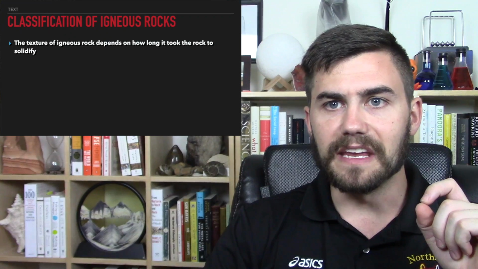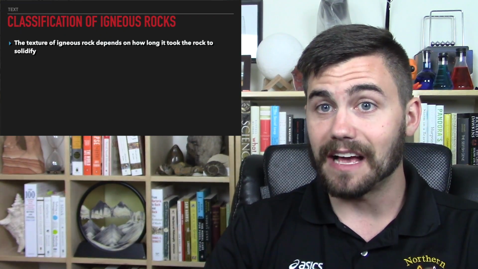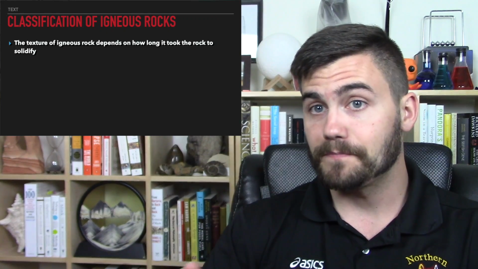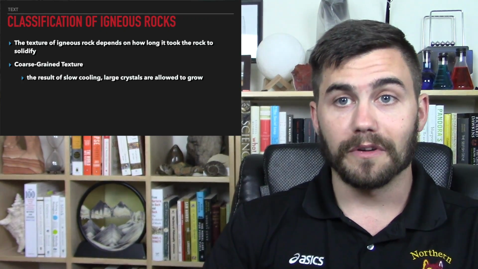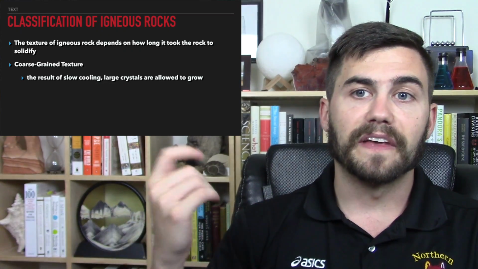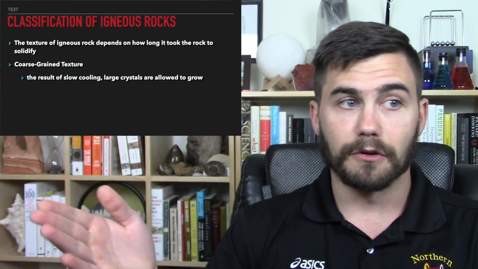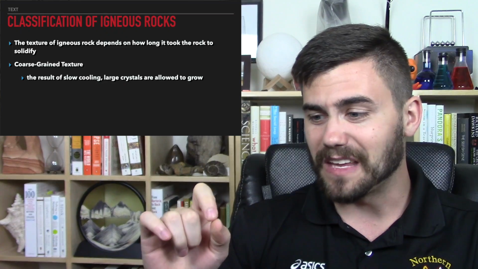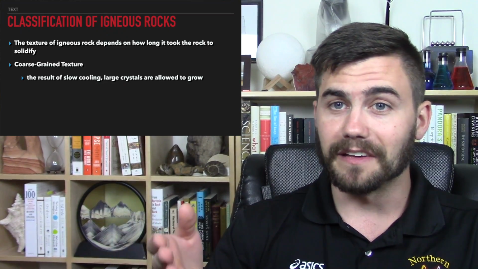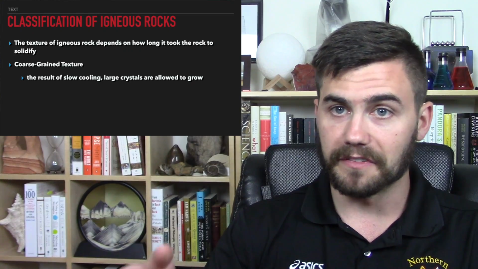So the texture of the igneous rock tells you how long the igneous rock spent crystallizing. So coarse-grained igneous rocks, these are the result of slow cooling that allows large crystals to grow. Now, large can mean even just a millimeter wide, because it's different for different minerals.